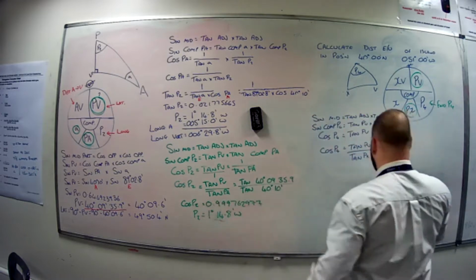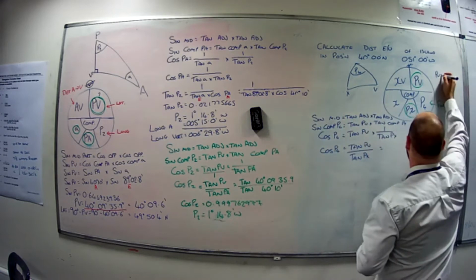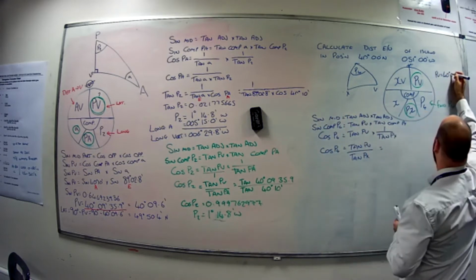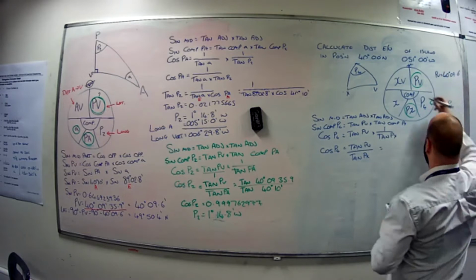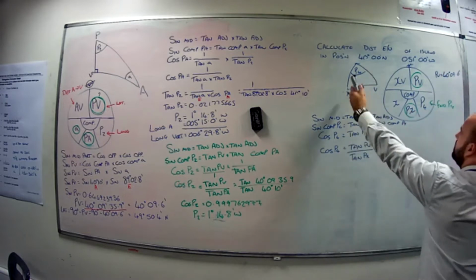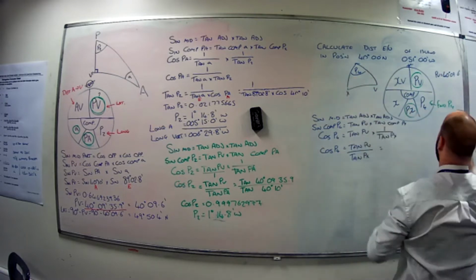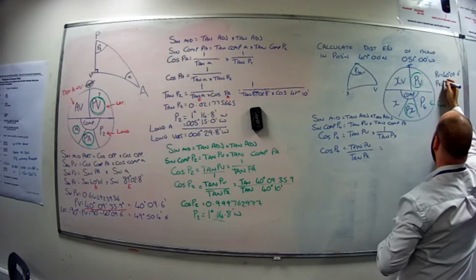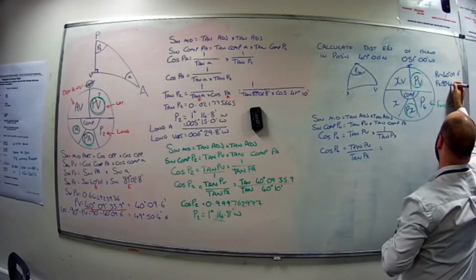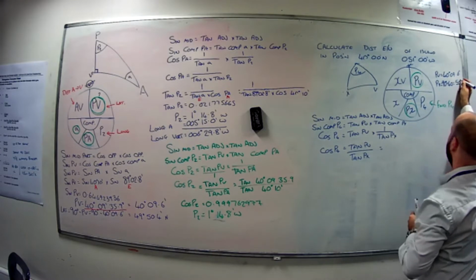PV, as we said, was 40 degrees, 09.6 minutes. Px is going to be 90 minus the latitude. So the latitude is 40. So Px is going to be 90 degrees minus 40, which is going to be 50 degrees.